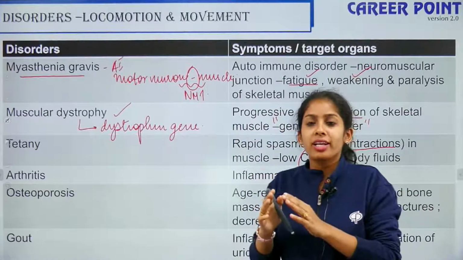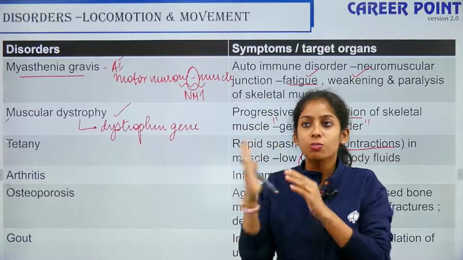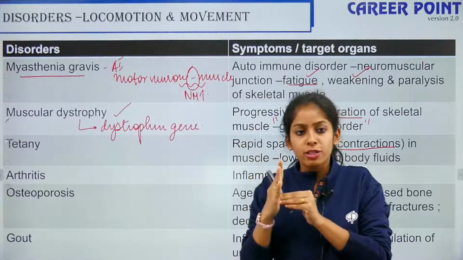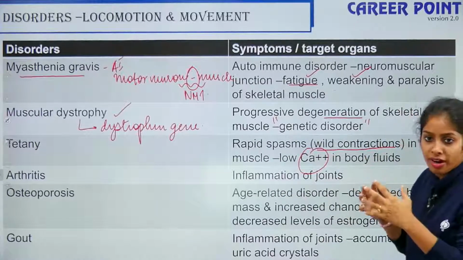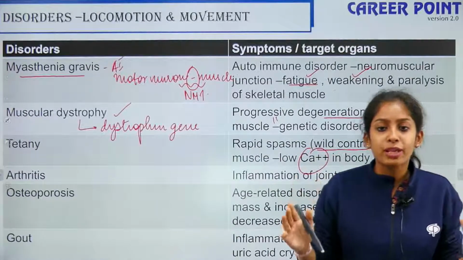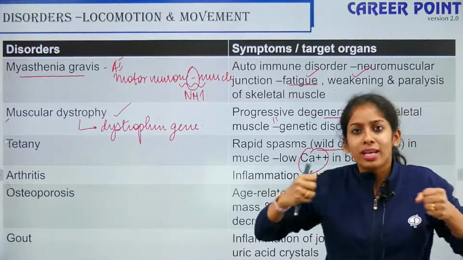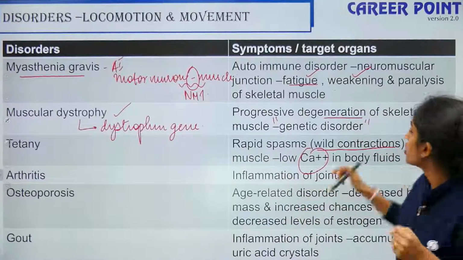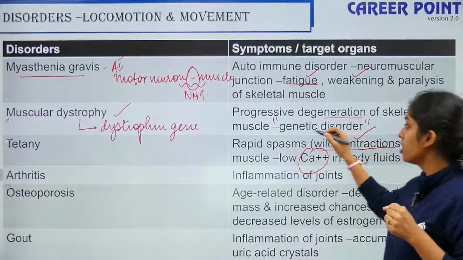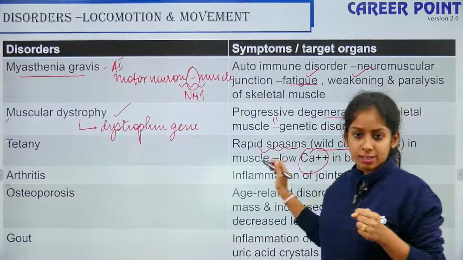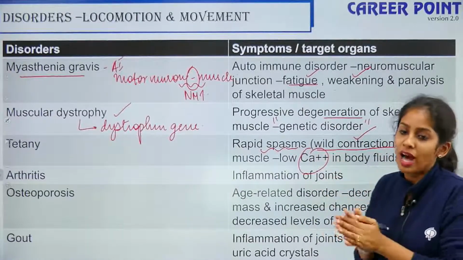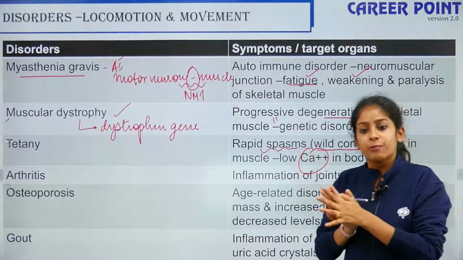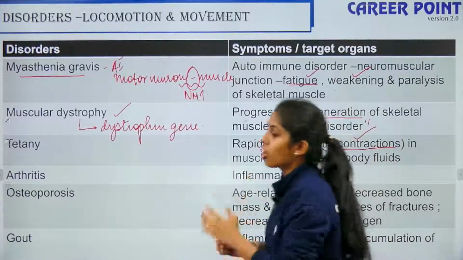Thus, it is not allowing my actin and myosin to bind properly. So the cross bridge formation is not formed properly. Thus, it is trying to contract, but the contraction is not happening fully. So it is trying to pull itself forcefully. That is why you have wild contraction. Thus, you have rapid spasms. So rapid spasms means wild contraction. Yes, you have the accumulation of lactic acid. You're perfectly right. So this is called tetany.